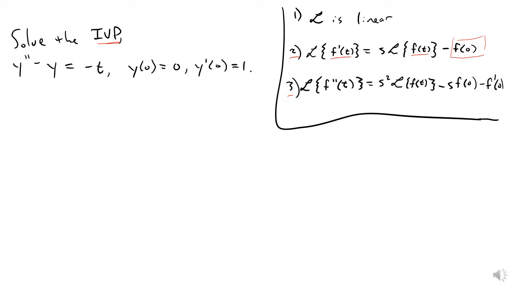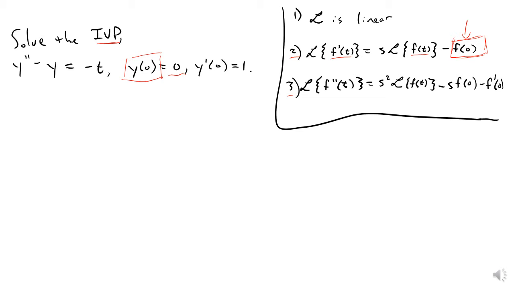Now notice this f of 0 is exactly what's given to me in this first initial condition. So with this initial value problem, I know exactly what number should go in place of f of 0. F of 0 is 0 in this particular case.